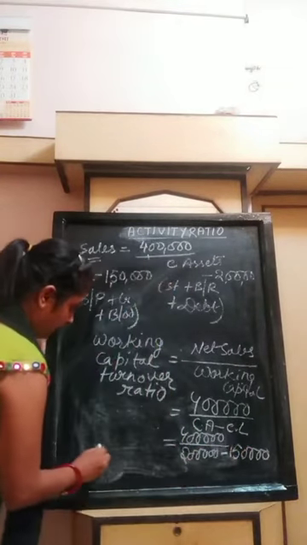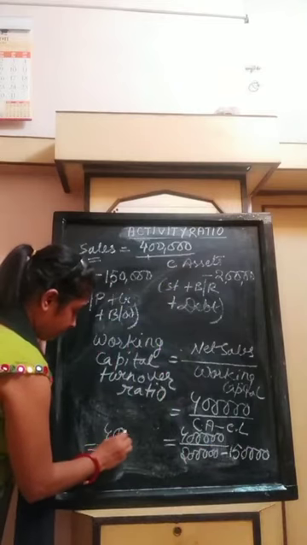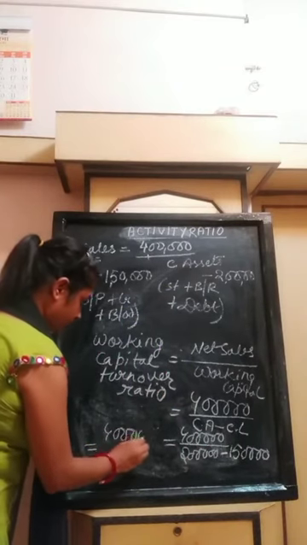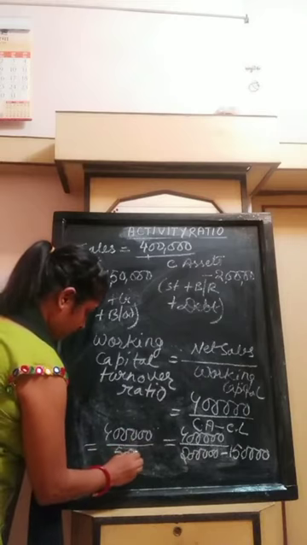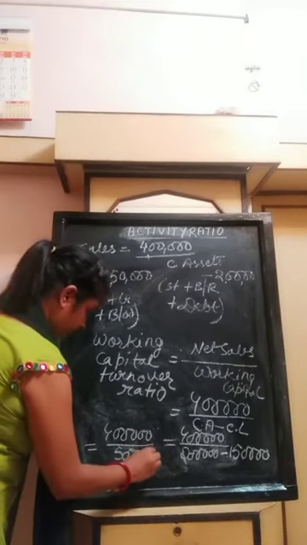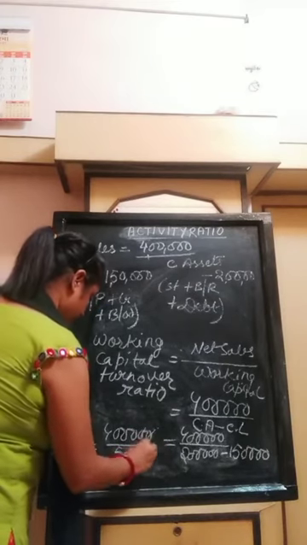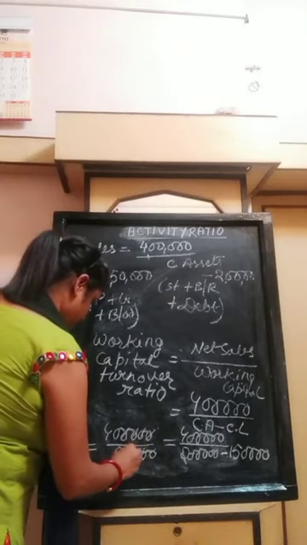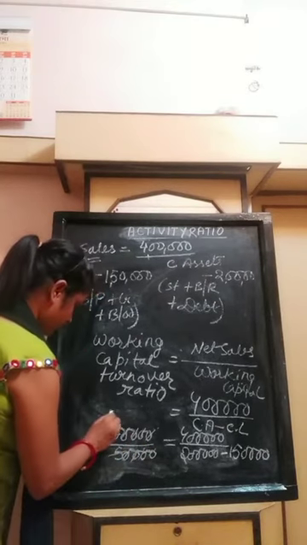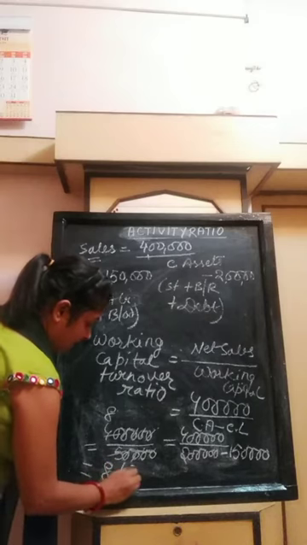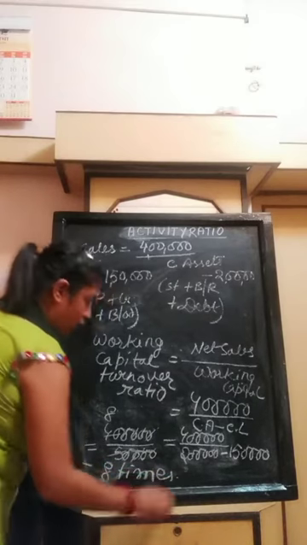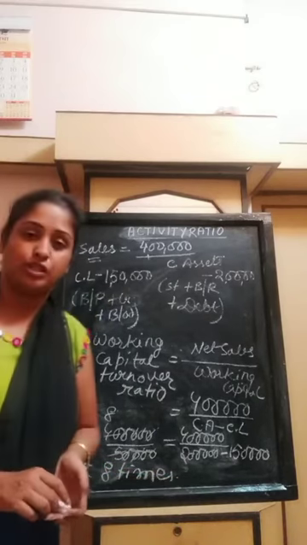So ultimately you are getting 4 lakh by 50,000. The answer is 8 times. 8 times is the answer of the working capital turnover ratio.